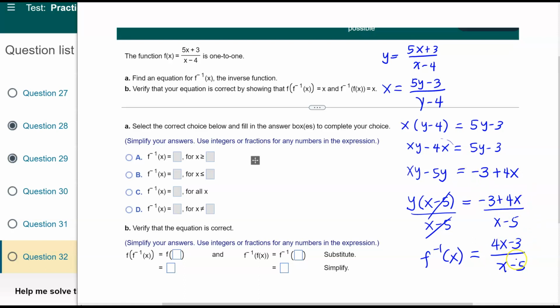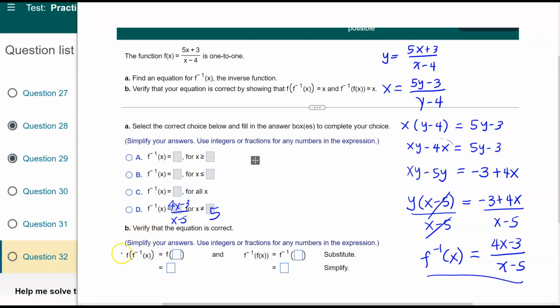This is the inverse only when the denominator is not 0. So we have a rational expression here, and we don't want the denominator to be 0. That means x cannot be equal to 5. And so the inverse will be 4x plus 3 over x minus 5 for all x not equal to 5. Okay, so that's the inverse.